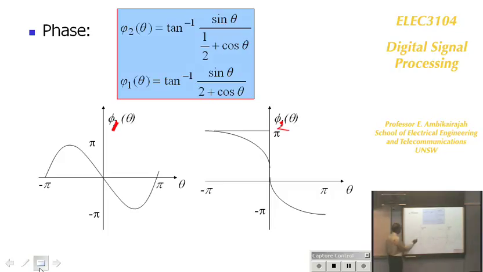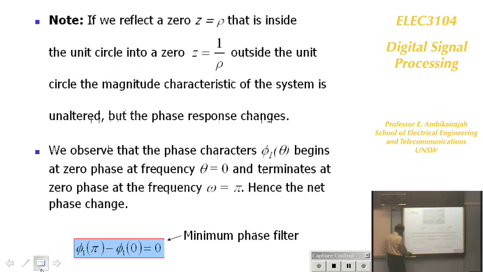You will find for phase 1, for the first filter, this is your phase change. It starts from 0 and ends at 0. And for the second filter, the phase change starts at 0 and then it's phi at that point. So what is the phase change? You go on to the next slide and I'll show you.